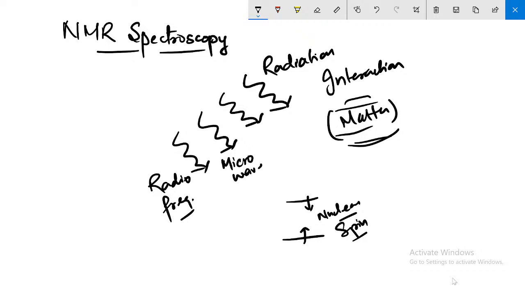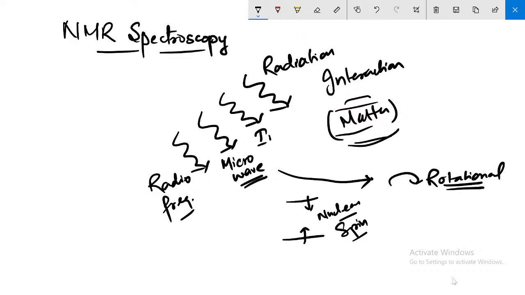microwave energy, it will be responsible for the transition in the rotational energy levels, and further higher energy like IR can get absorbed in the vibrational energy levels, and so on.